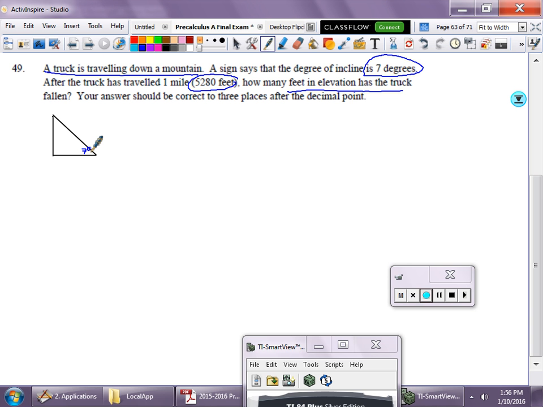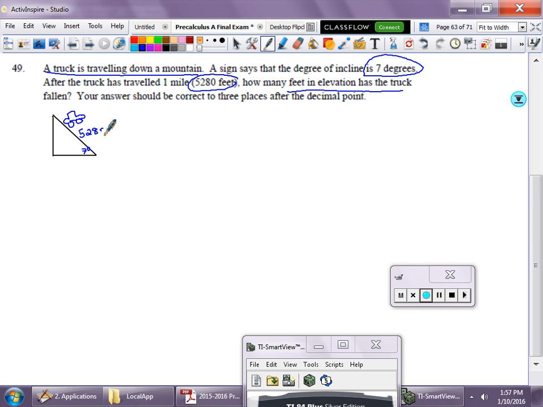That helps make it clearer. But the truck is going down the mountain. I don't know how to draw a truck, so I'll put some wheels here. And he's traveled 1 mile. That's his distance, so let's write that.